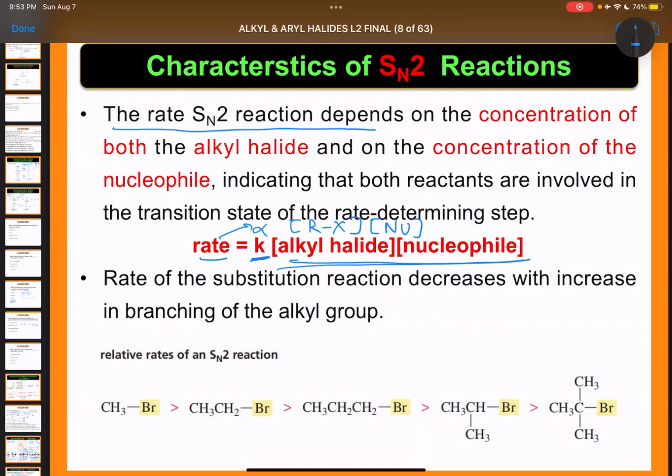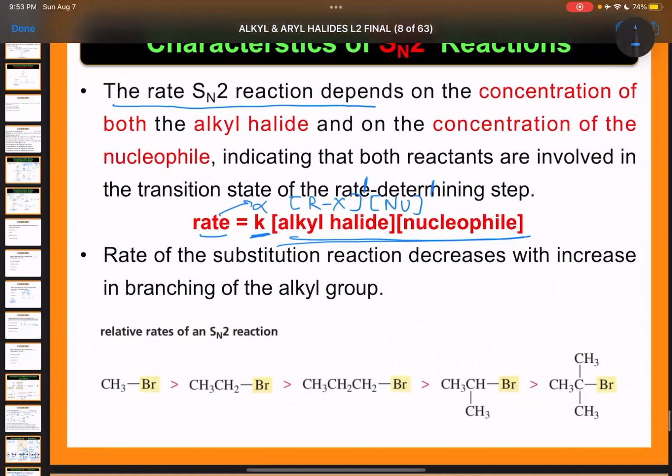What do you mean by order? Order is actually the sum of the powers of the concentration terms. As the rate was dependent on both the concentration of substrate as well as the concentration of nucleophile, it was a second order reaction, meaning there were two concentration terms.